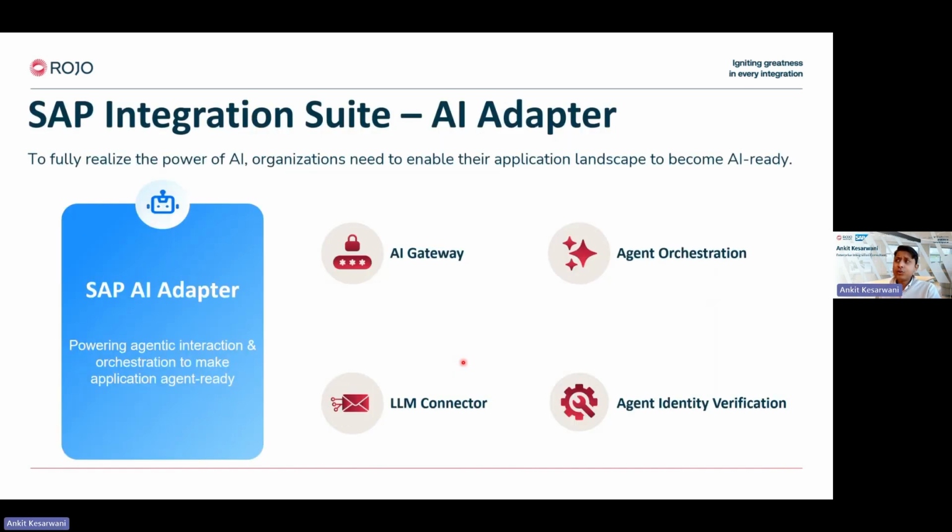But before we go to the demo part, I think it's also good to understand at a high level the functionalities of the AI adapter, because it is very much relevant to the discussion which every enterprise and every integration team is trying to analyze, or already doing, to see how AI capabilities can help the integration in the integration suite, and what capabilities are already there in the integration suite which can be leveraged.